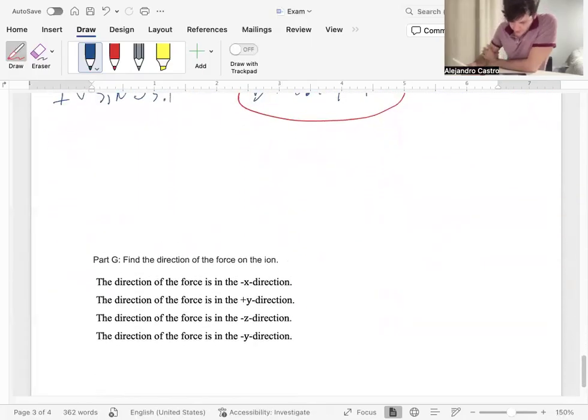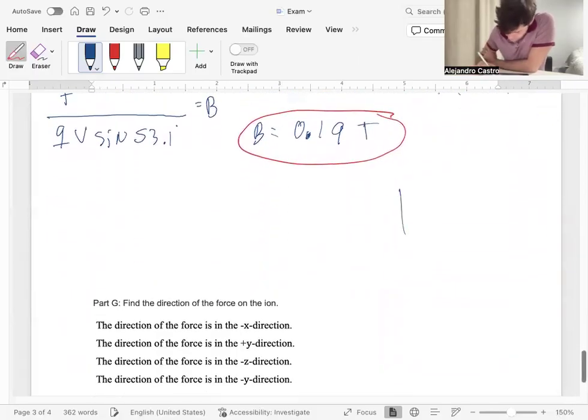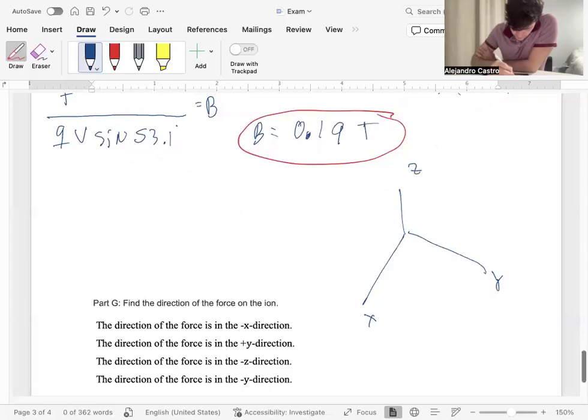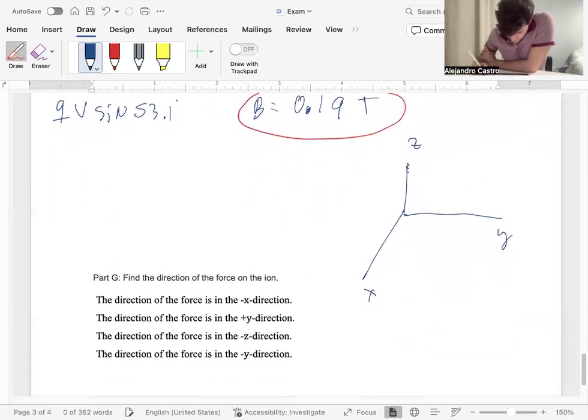And part G, find the direction of the force on the ion. Okay, direction of the force.